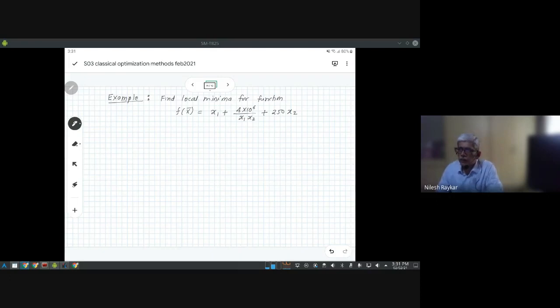So we want to find the local minimum for this particular function. This is a function with two variables, so we'll use the procedure which we just now discussed. We'll satisfy the necessary condition and the sufficiency condition to determine the minima point.